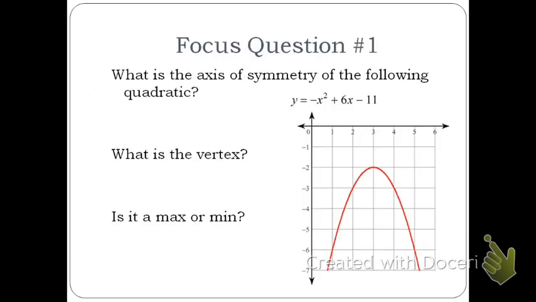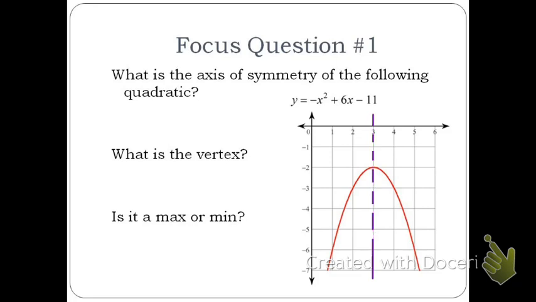Alright. Now this problem is asking us to identify what the axis of symmetry is. Well, looking at the graph, the axis of symmetry is right in the center, and you might notice that it's at 3.